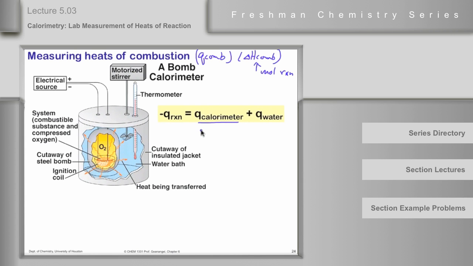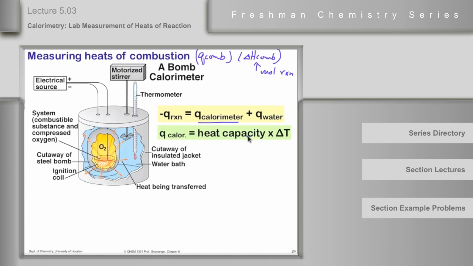So this Q of the calorimeter is the heat capacity of the calorimeter, which has to be calibrated. You have to measure it with a known heat source, usually electrical, times delta T. So again, delta T is going to get us this term. And Q of the water is going to be the same Q of the water we saw before: C of the water times the mass of the water times delta T.